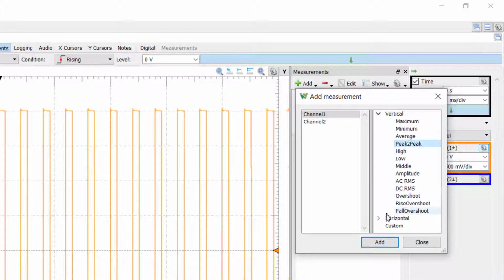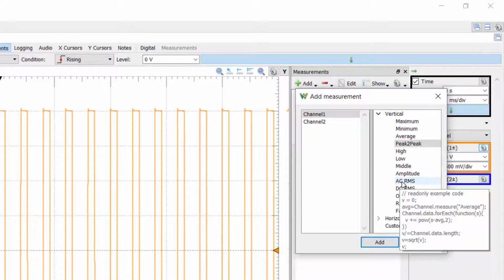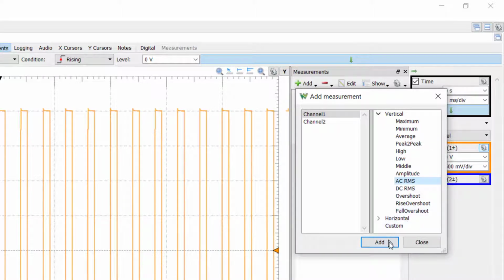We'll take the peak to peak. Let's do the RMS. The difference between AC and DC RMS is that AC RMS does not include the average in the calculation. So let's take the average RMS.